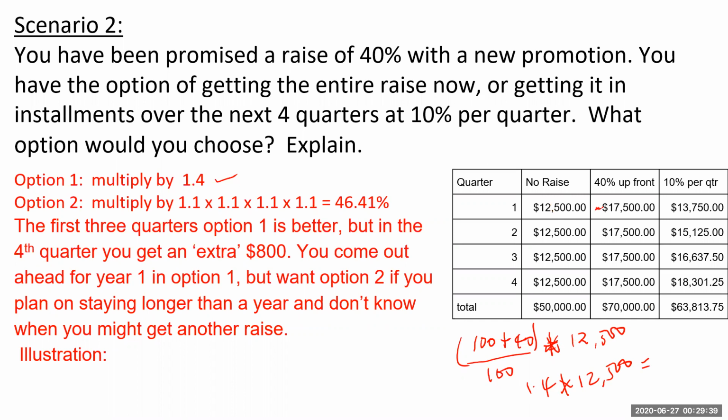Now, if I want to go quarter by quarter, this is it. These are the quarter increments, 10%, 10%, 10%. Now, look at the difference. So at the end of the year, it's better to choose the first option, taking it upfront, because that will give you more money than taking it per quarter.